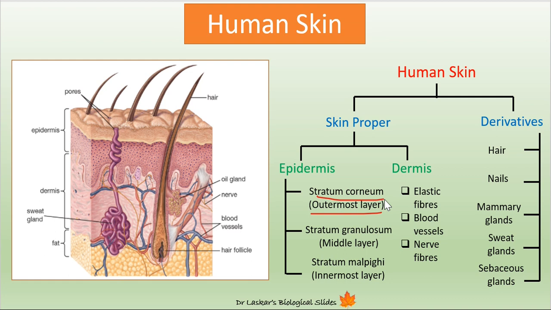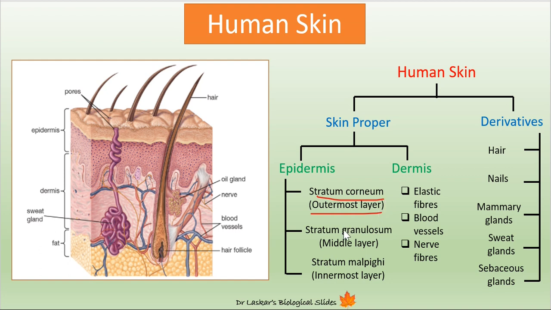These dead cells are mainly made of a fibrous structural protein known as keratin. This keratin protein is also found in other parts like nails, hairs, horns, hooves, and as well as in silk.